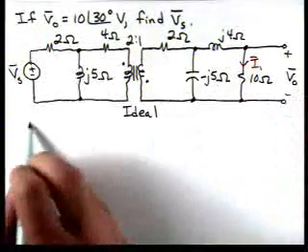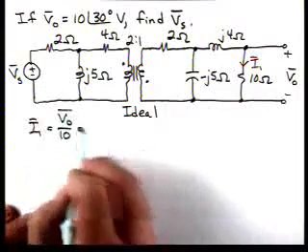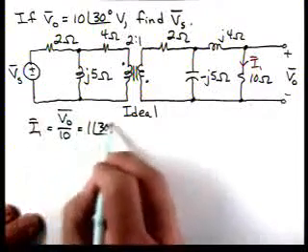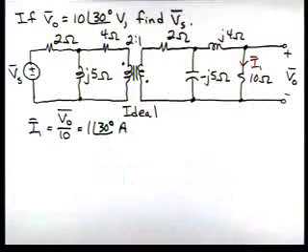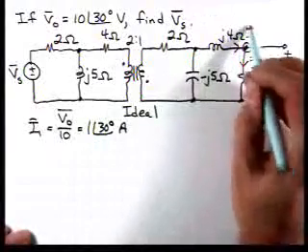then I1 is V0 over 10, which is 1 at an angle of 30 degrees. And if we apply KCL here, we also see that that's I1.